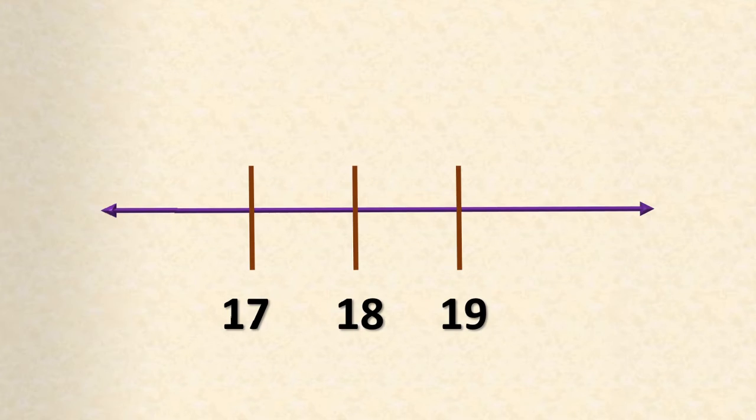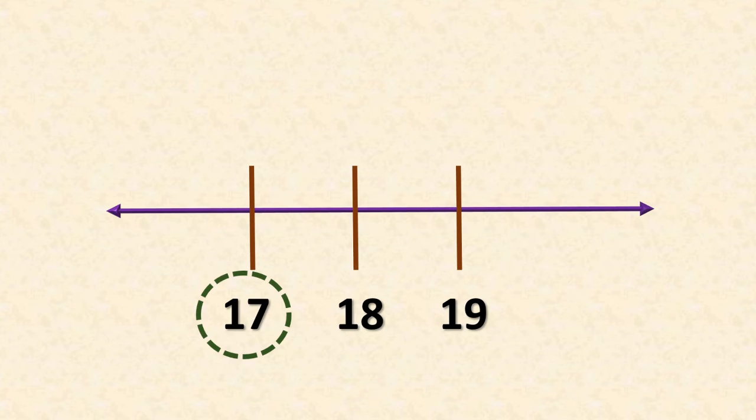See one more. Here you can see 17, 18 and 19 on the line. Okay? Got this? Now we'll take number 18. Okay? Now see this 17. This is less than 18 by 1. Isn't it? So we can say this is a before number.